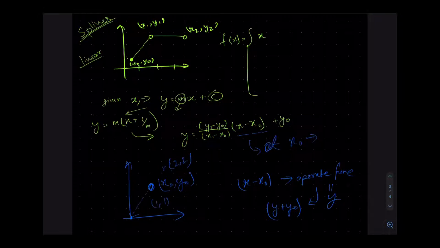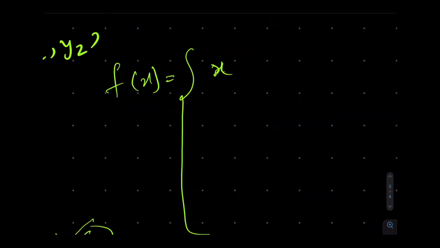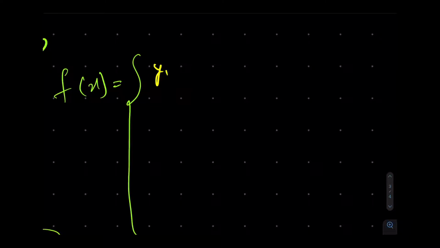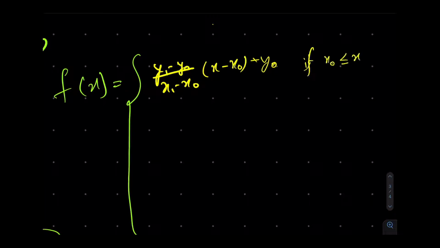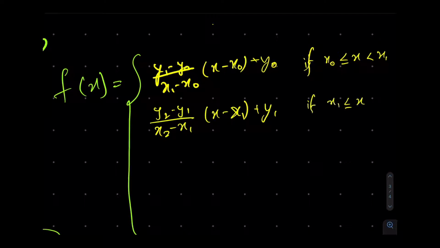Using this equation, we get output y0 at x0 and output y1 at x1. So here we define the piecewise linear function using multiple pieces of lines in the given intervals.